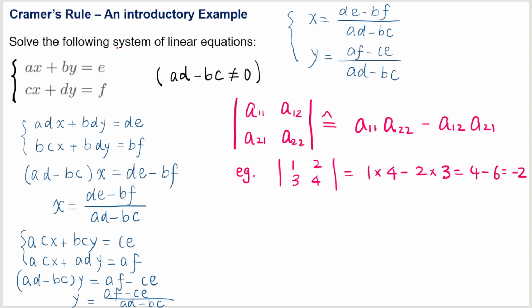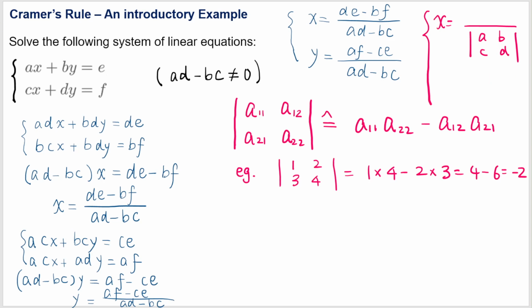And if we have a definition like this, then the solution can be expressed using the determinant notation. So x equals, the denominator can be written as the determinant of a, b, c, d, because by definition this determinant gives you ad minus bc, which is exactly the same as this expression here.